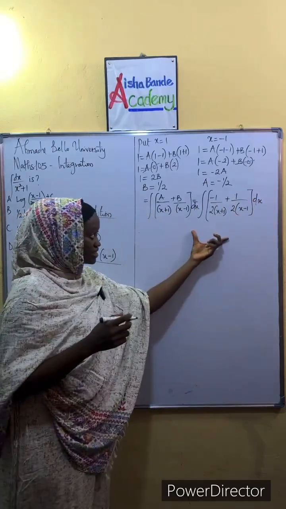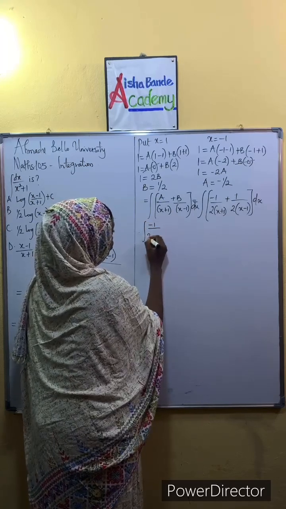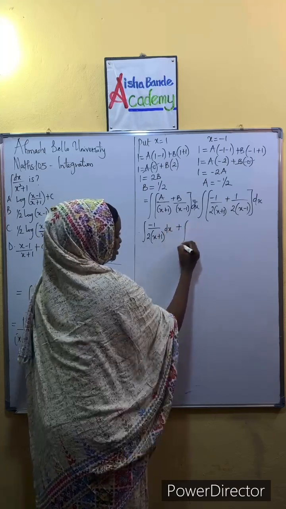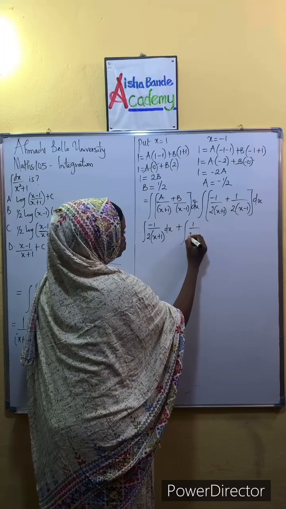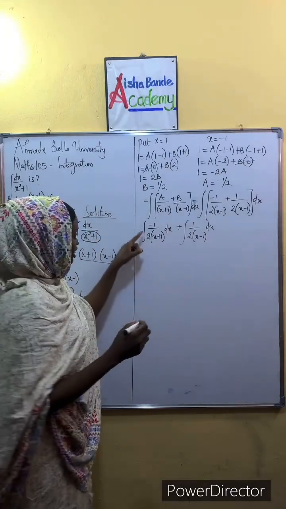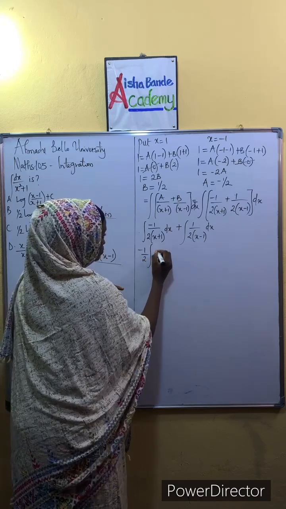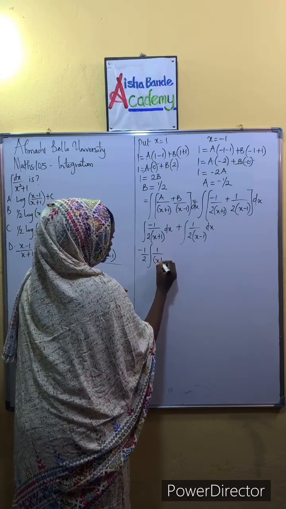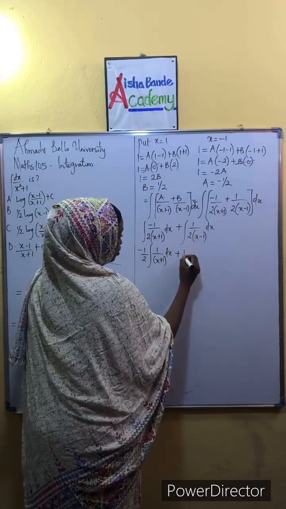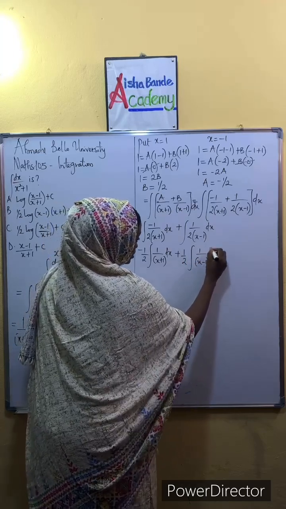Now we are going to integrate this. We have the integral of minus 1 over 2(x plus 1) dx plus the integral of 1 over 2(x minus 1) dx. This is the same thing as, let's bring the minus 1 over 2 out here: minus 1 over 2 integral of 1 over (x plus 1) dx plus 1 over 2 integral of 1 over (x minus 1) dx.